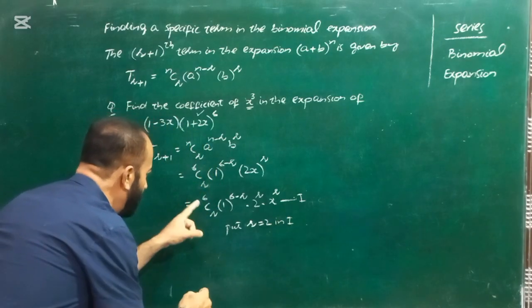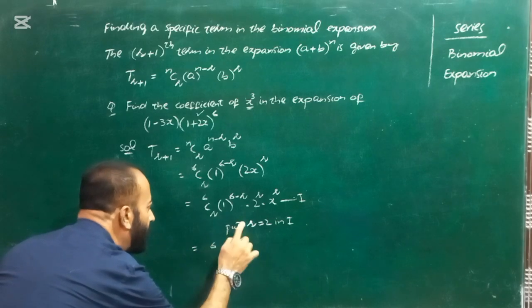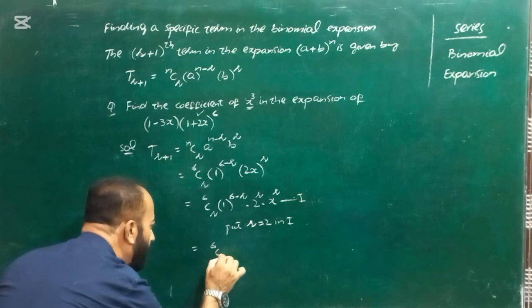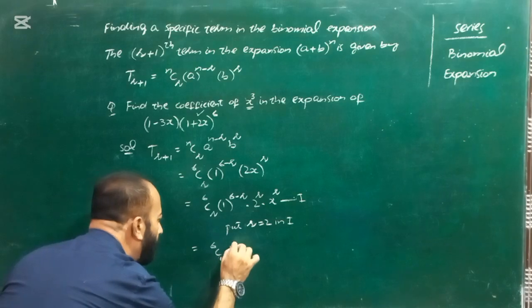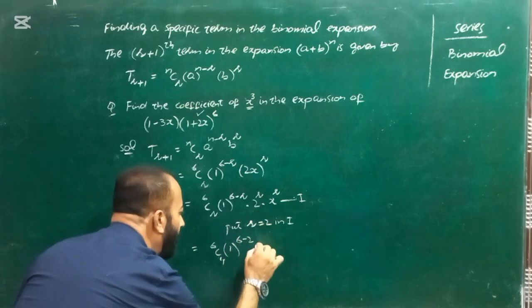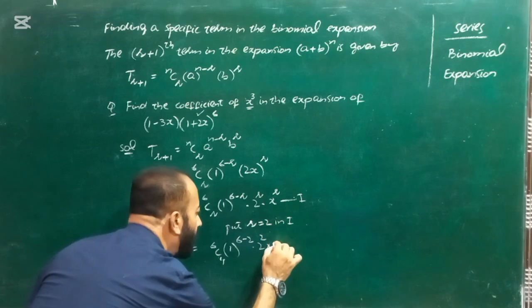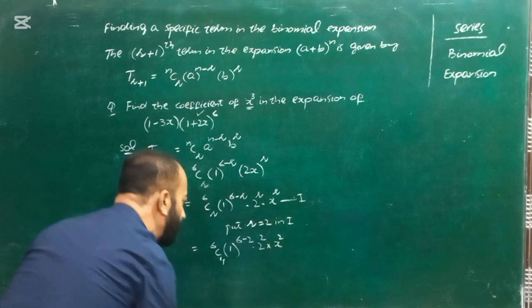So that will become 6c2 into 1 raised to the power 6 minus 2 into 2 raised to the power 2 into x raised to the power 2.